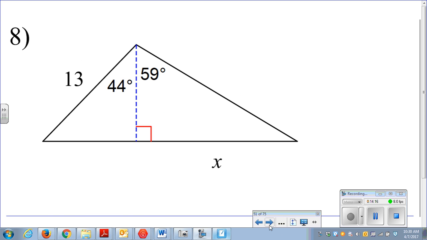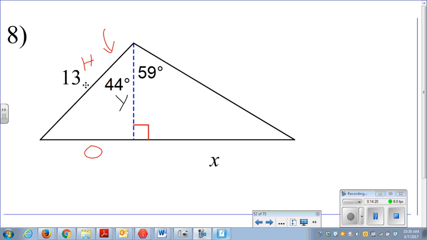Okay, step 1, label the triangle. I have the hypotenuse, the angle, opposite, and adjacent. Step 2, pick the correct trig function. This case is cosine because I have adjacent and the hypotenuse.